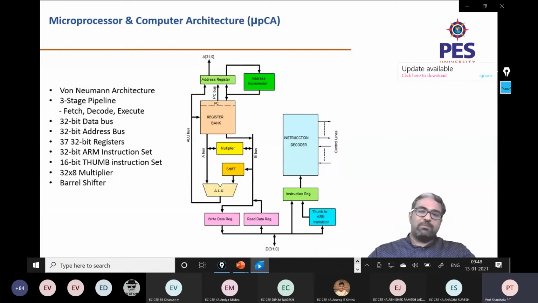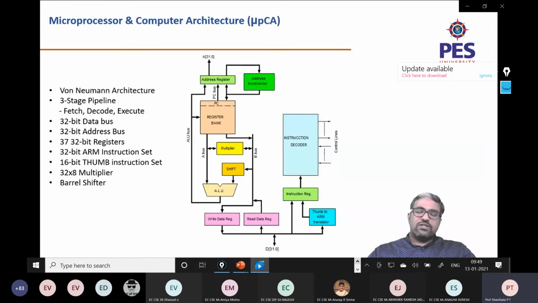Both multiplications can be done here. So you have a multiply instruction which can be used to write the program. Then there is a barrel shifter. So for the input to the ALU, you can see one input is directly coming from the register. Another input is going through the barrel shifter. So this makes a lot of sense when we write the program.